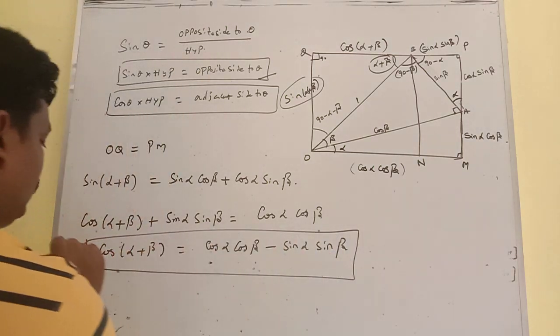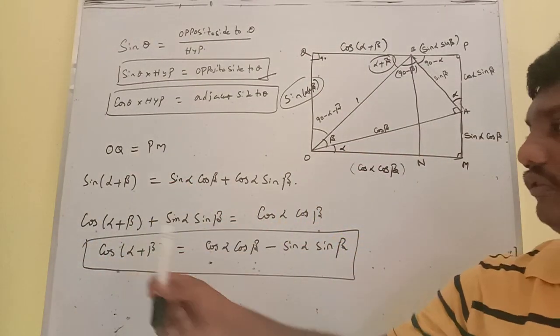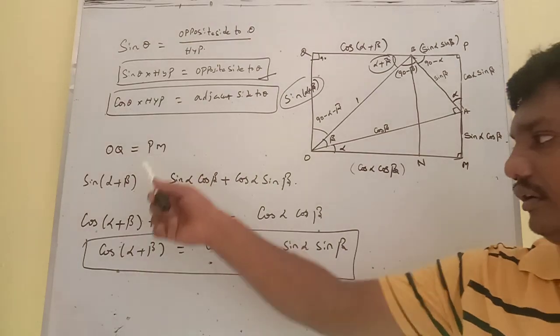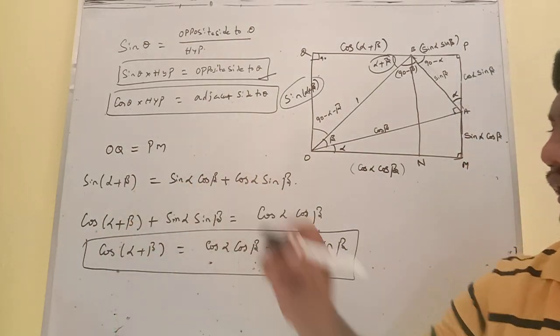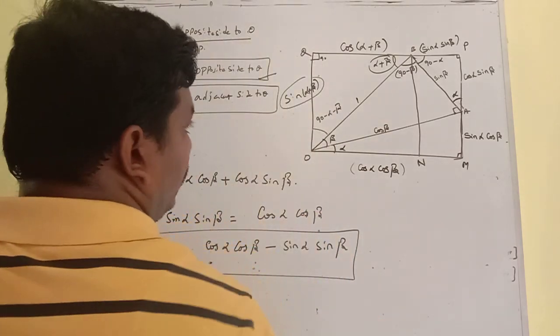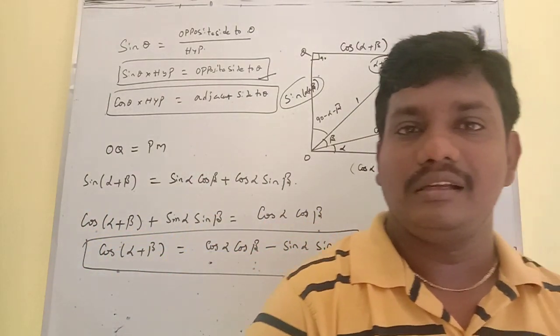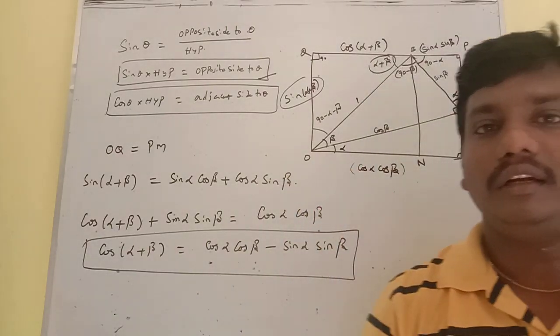Once you know sin alpha plus beta and cos alpha plus beta, we can divide these two and get tan alpha plus beta. So like that we can get the trigonometric ratios of compound angles based on the rectangle method in an easy way.